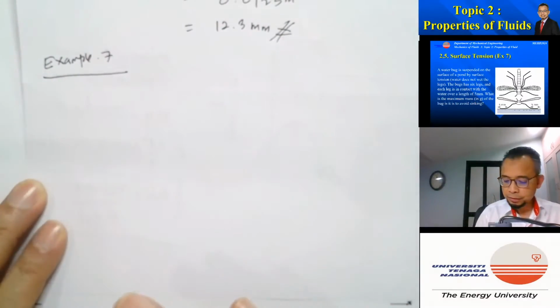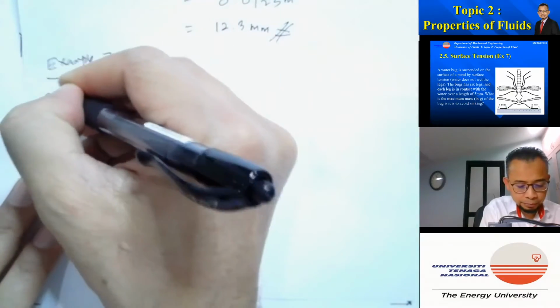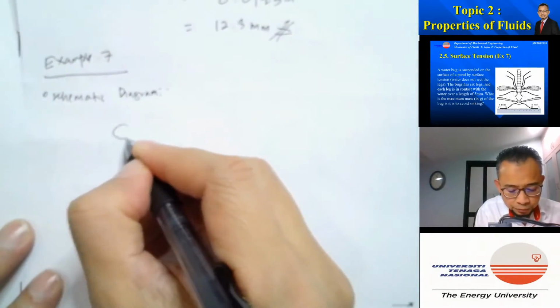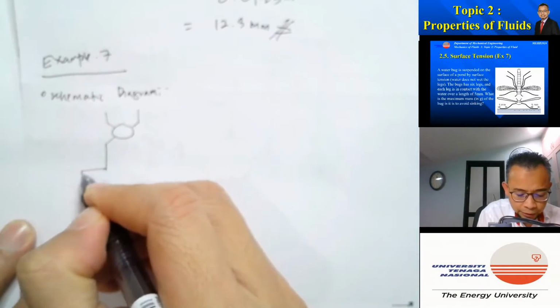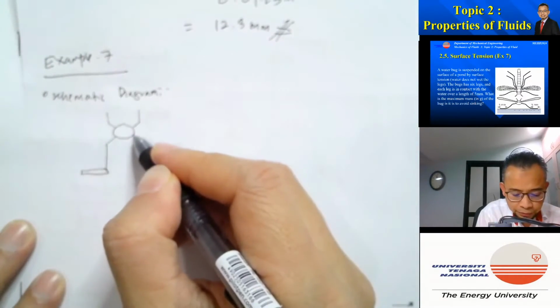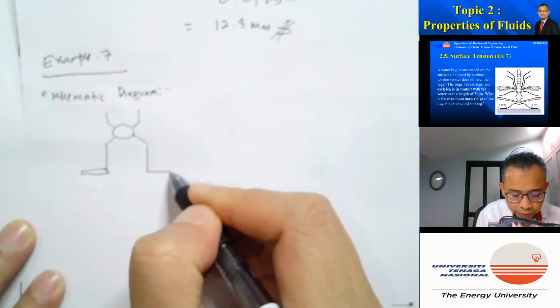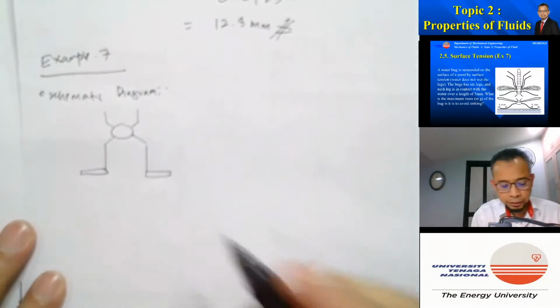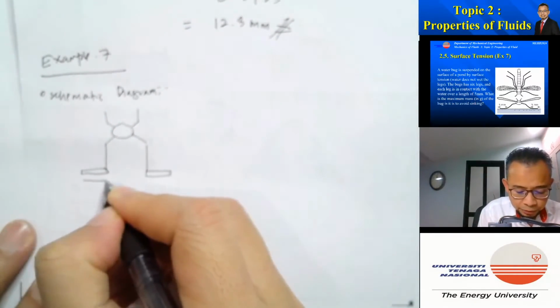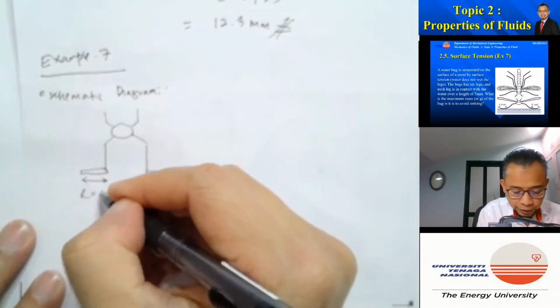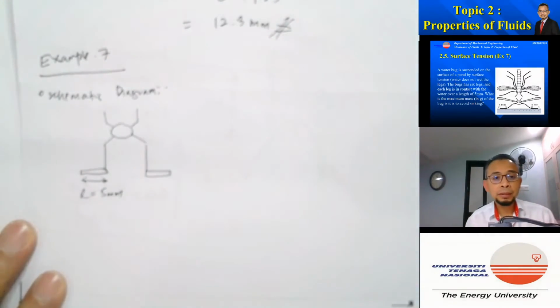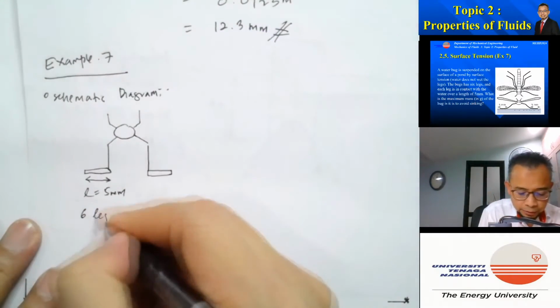Let's consider this problem here. Let's draw a schematic diagram. We have this water bug, and it has 6 legs. Let's consider just the legs which are in contact with the water. Given that the length of the leg in contact with the water, I call that small l, is equal to 5 millimeter, and it has 6 legs.